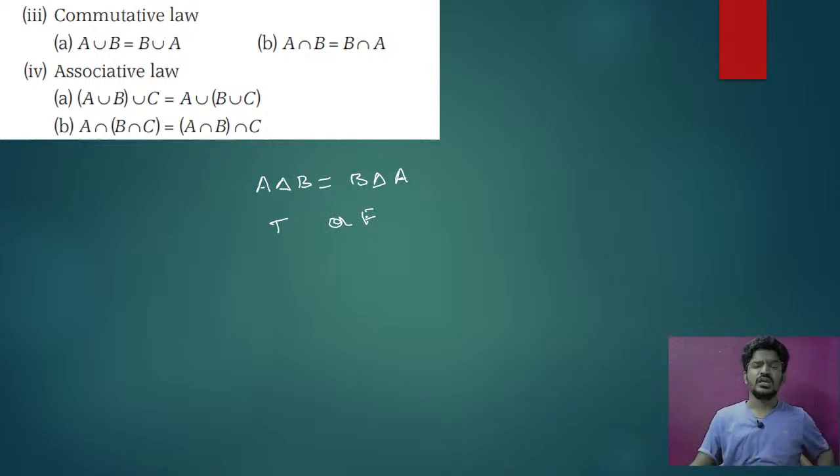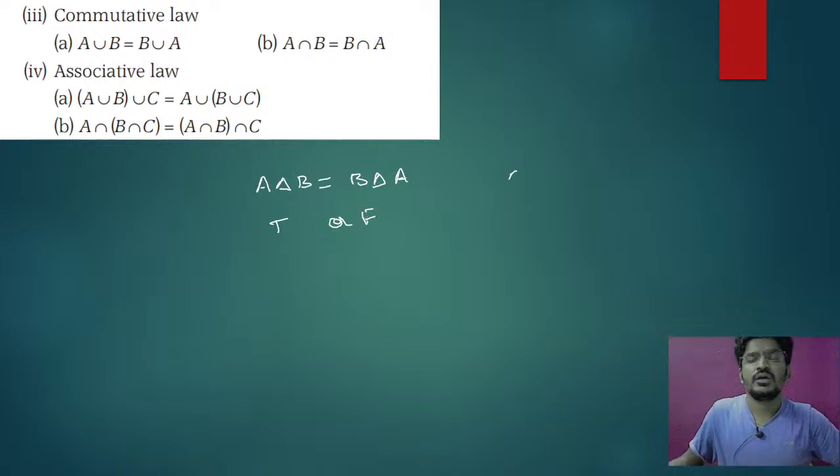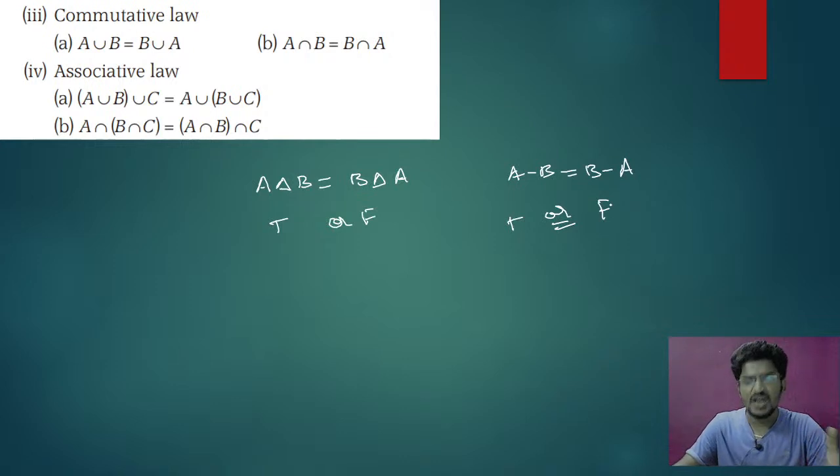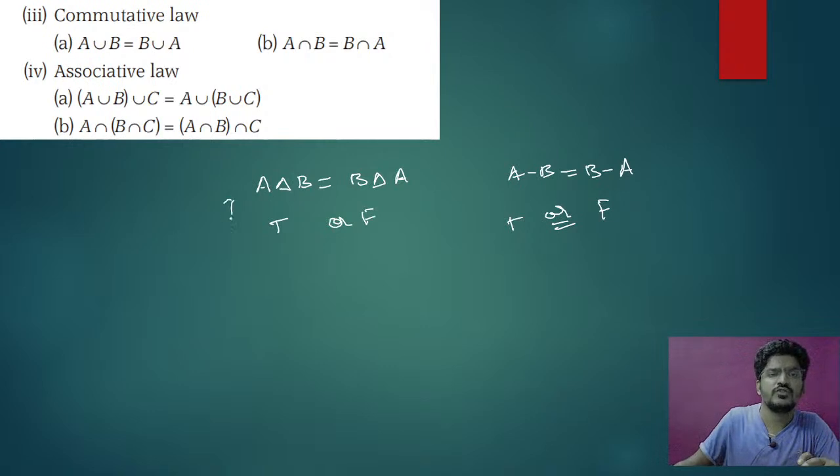And A minus B, that means A difference B, is equal to B difference A, true or false? Quickly tell me. If the answer is true, you put T. If the answer is false, you put F, for the first question as well as for the second question.